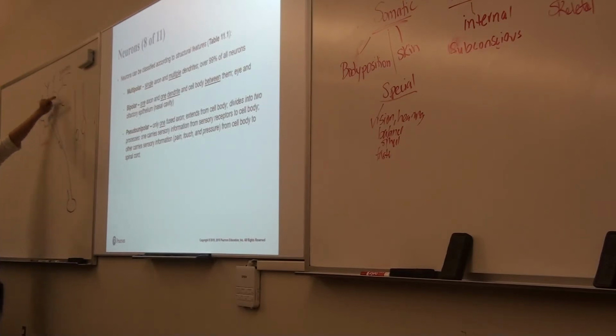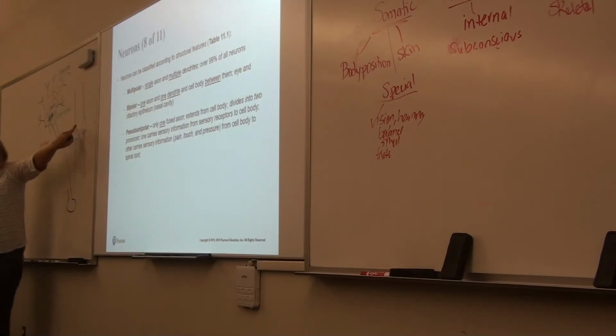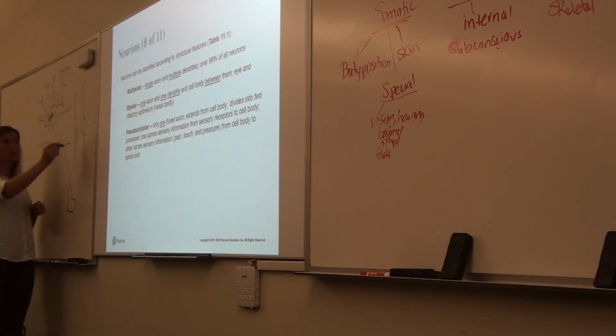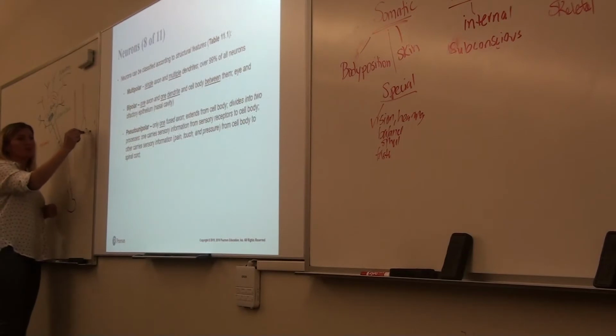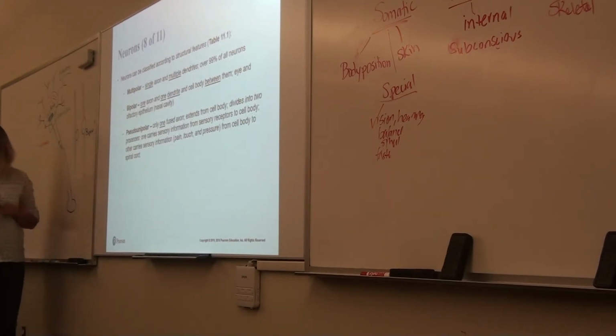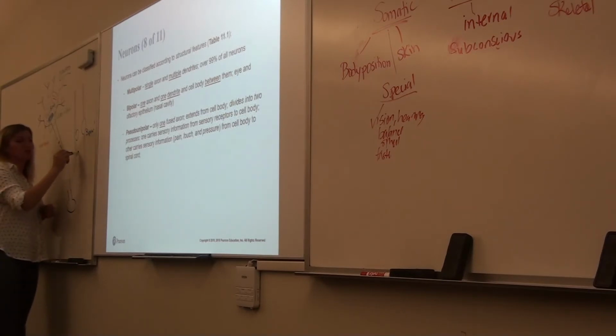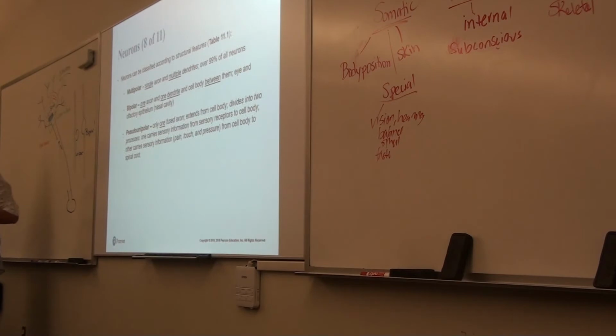So instead of having all of these branches, it has one dendrite, one axon, and the cell body's either to the side or in the middle. This would be bipolar. This is found in certain special sense organs, like your eyes. Your eyes have bipolar cells. And unipolar cells are also found in special sense areas. Actually, a lot of your sensory neurons are unipolar as well.